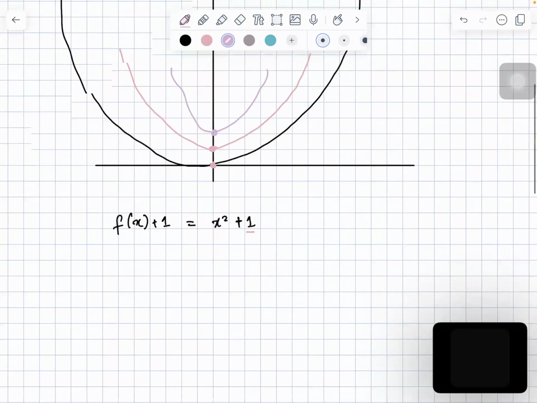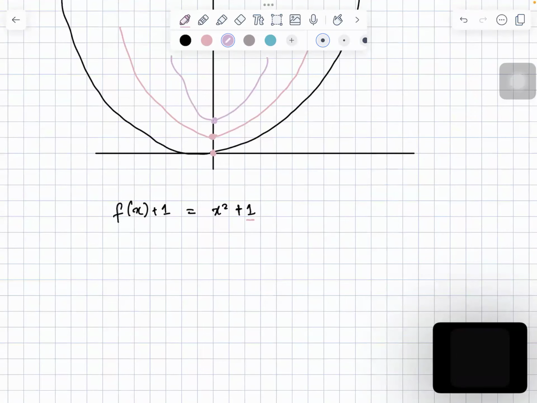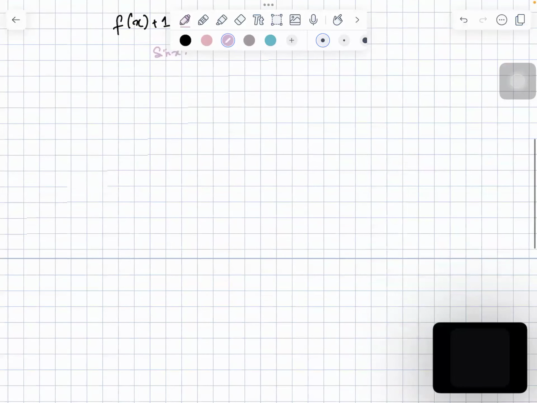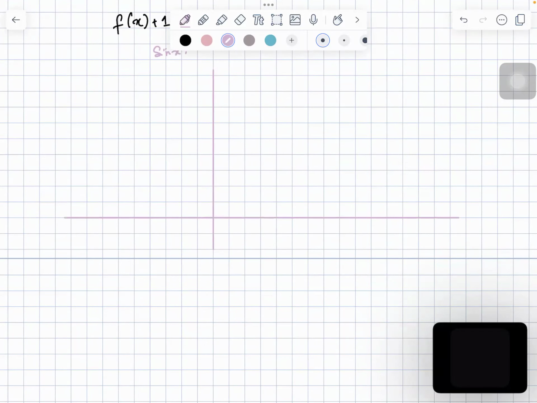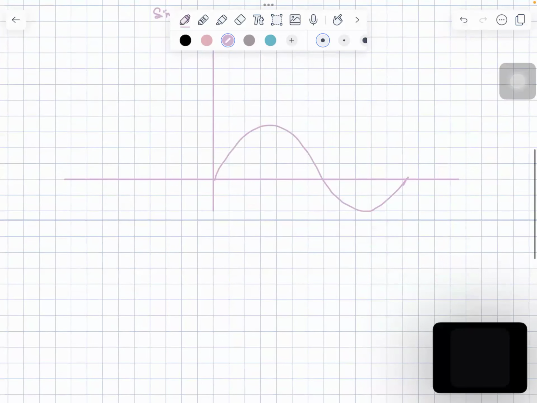But what if it's a sine graph? We're going to move ahead gradually. If it's a sine graph, it's going to be like this. If it is sine x plus 1, you take this point and push it one step up.